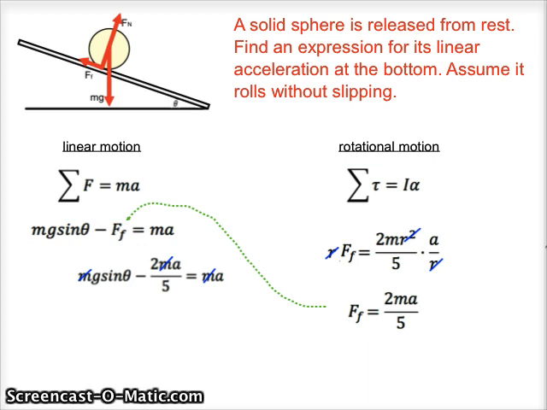M is now in every part of our problem. And we can do a little algebra, bringing all of our a terms to one side and combining those like terms so that they are 2/5 plus 5/5 is 7/5. Solving for a, we get 5/7 g times the sine of theta.